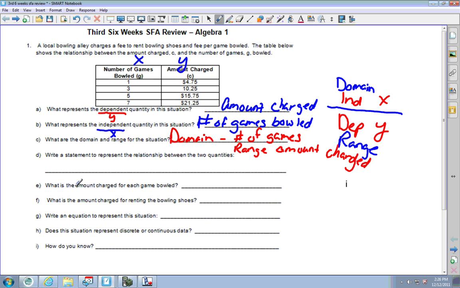Write a statement that represents the relationship between the two quantities. One of them that we've always started with is y depends on x.